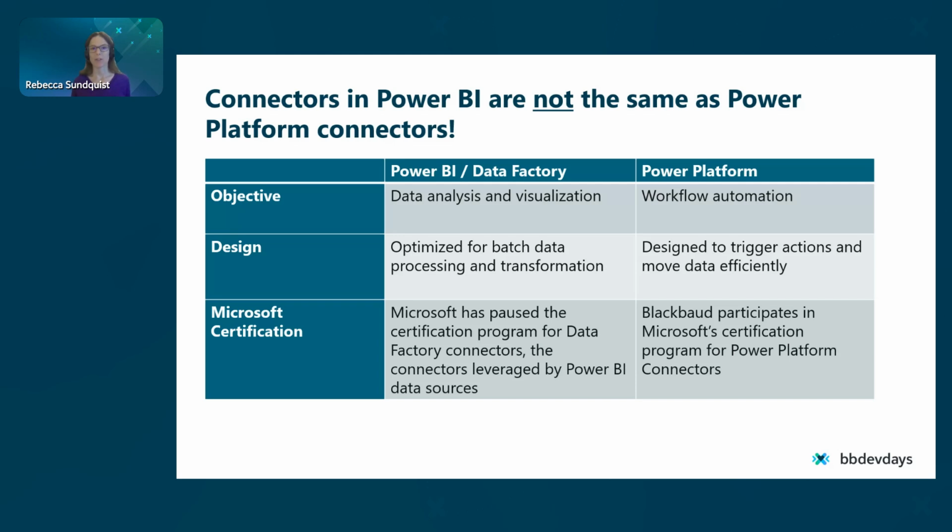The Power BI connector is optimized for batch data, processing those lists of information and transforming on a batch level, whereas Power Platform connectors are really about triggering actions and moving data efficiently and just on that workflow automation again.